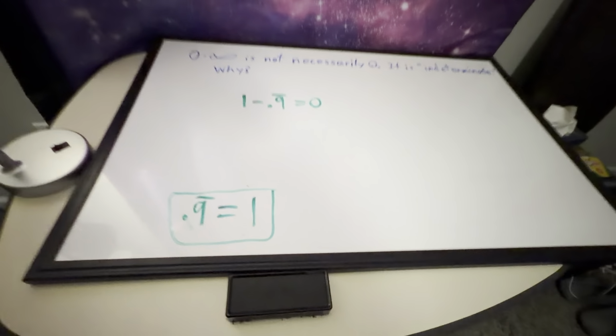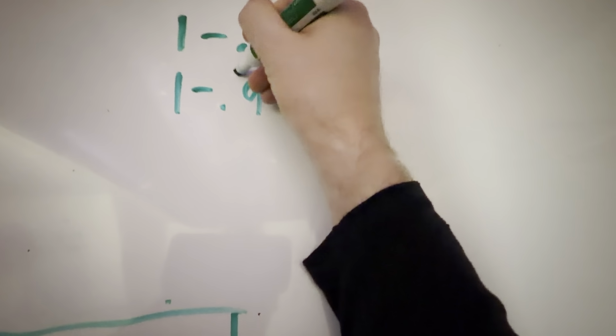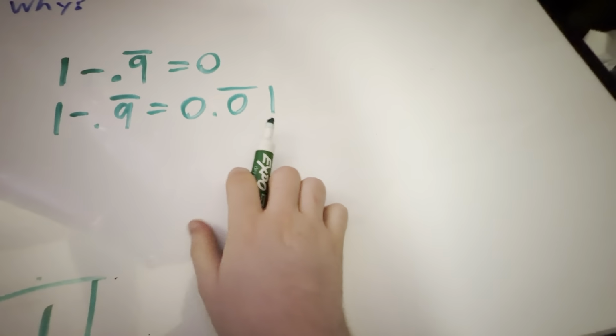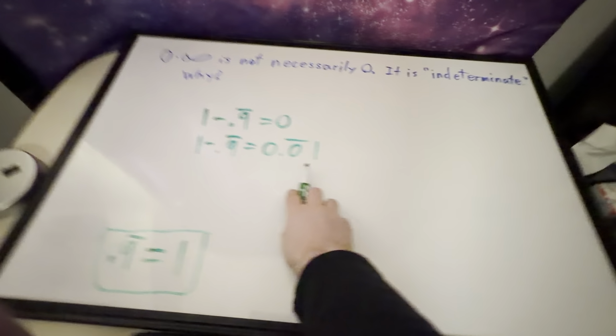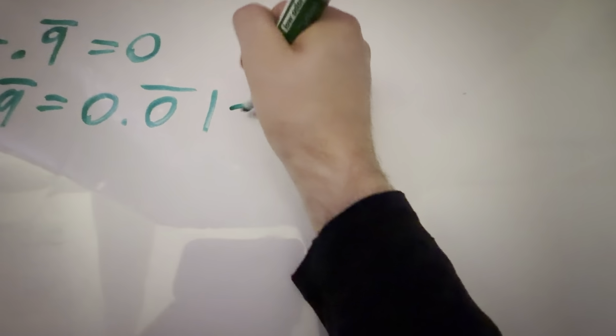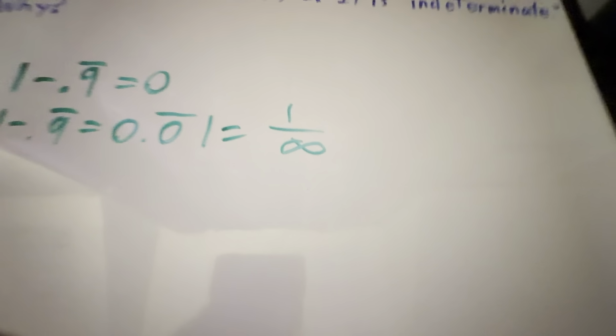So this is true. But at the same time, 1 minus 0.9 repeating equals 0.0 repeating with a 1 at the end. And if we have this 1 at the end after an infinite number of zeros, this is 1 over infinity. So let's go back to the original question.